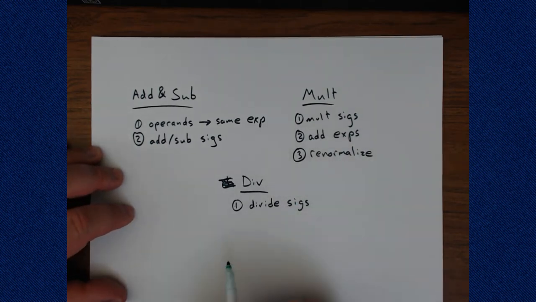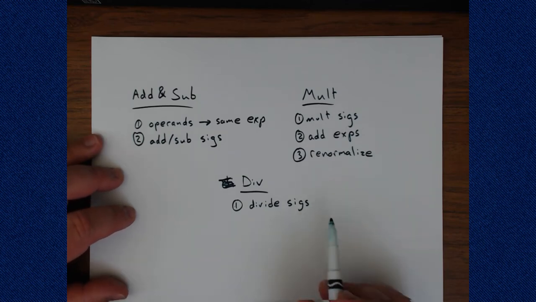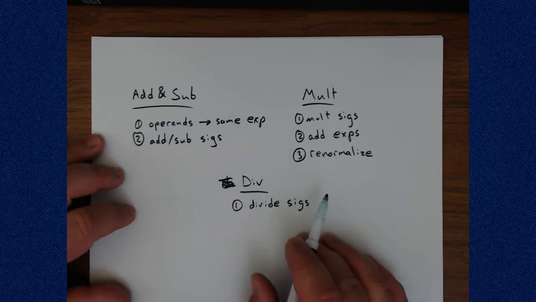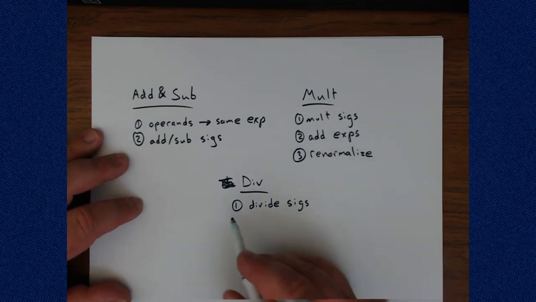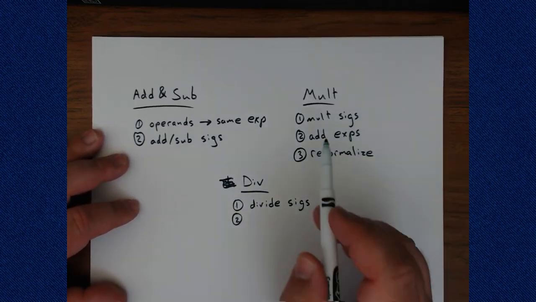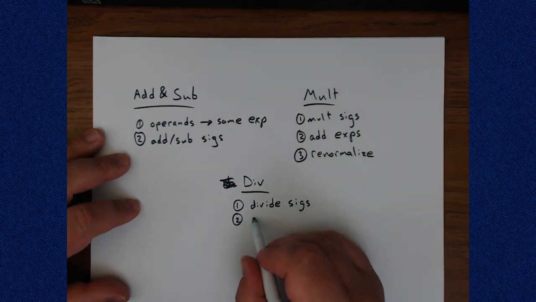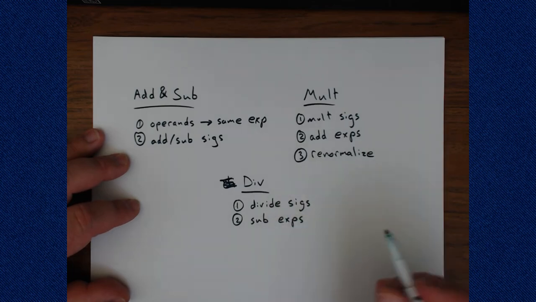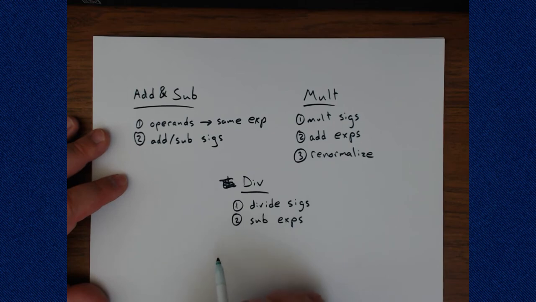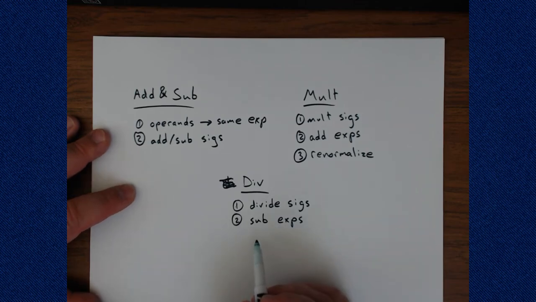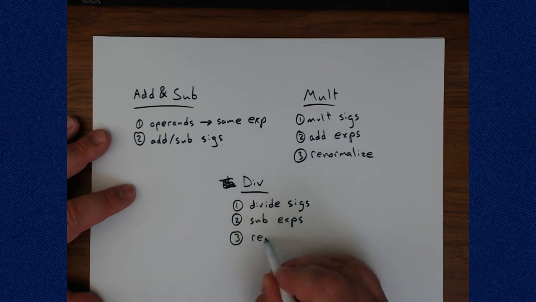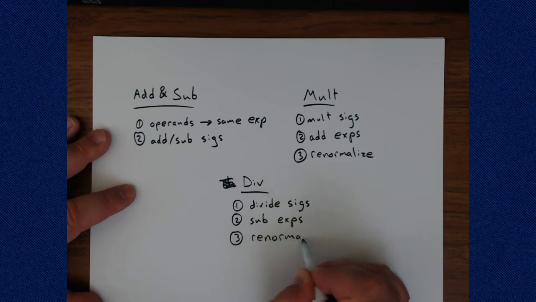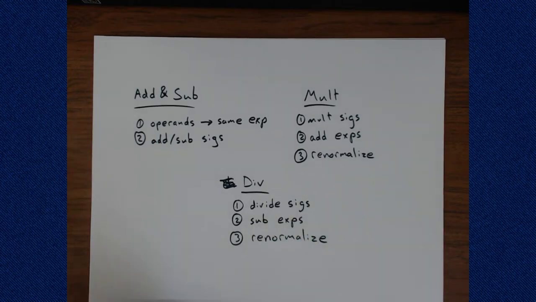Remember, this at least is nice for the division because the significands are like a magnitude in isolation, already with the sign removed, since that's in a completely different bit. Then, and this is where it mirror-images the multiplication, we're going to subtract our exponents because it is division. So we take the two exponent fields, subtract them in the order of the operation, and then we'll have a new exponent. And should we need to, we don't necessarily have to, but we may need to renormalize the bit pattern. And that is it.